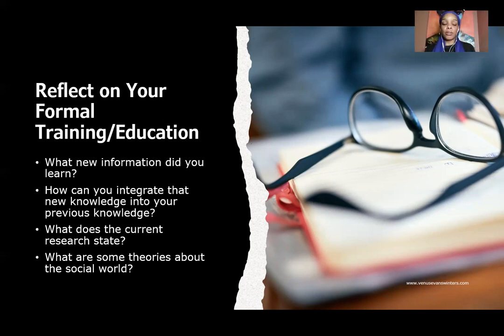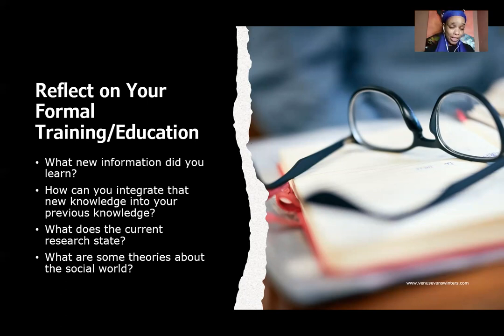First, I want you to ask yourself in your writing journal, what new information did you learn? Is there anything in your studies that you found exciting? Is there anything in your education or in your training that brought you joy? Like, whoa, I want to learn more about this. That's where you start.